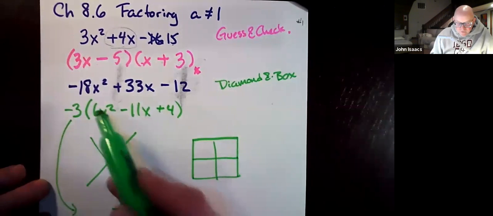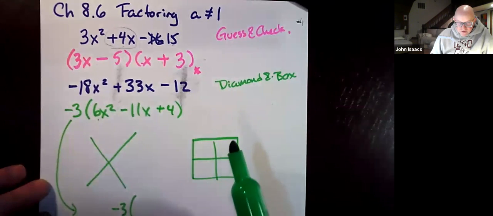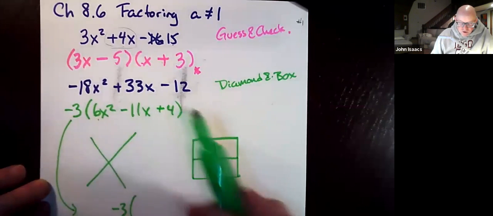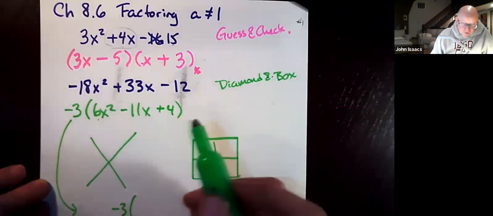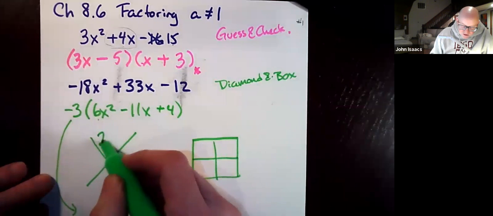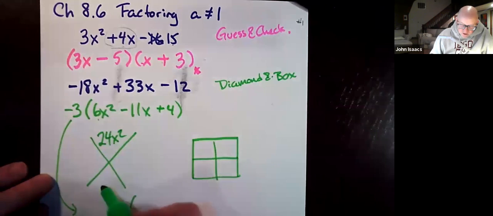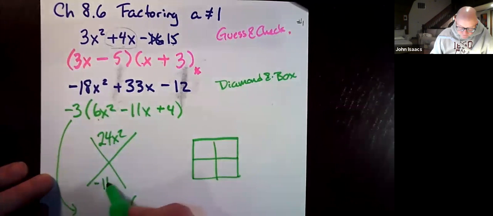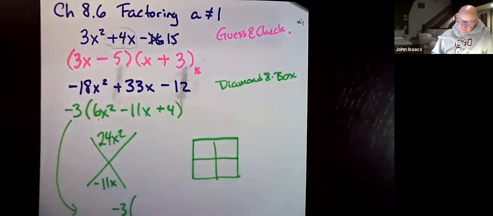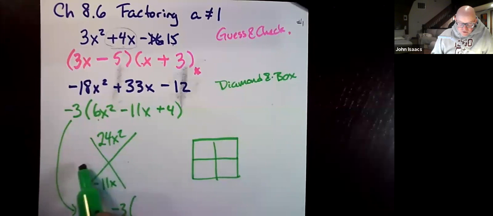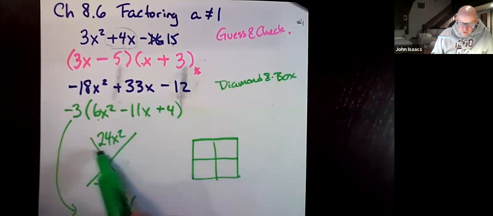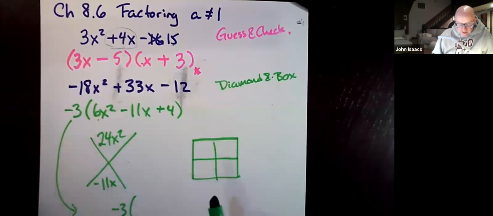In the top, we take the first term multiplied by the last term. So 6x squared times 4. So that's 24x squared. In the bottom, I've just put the middle term. Now, these two sections of the diamond get two values that multiply to 24x squared and add to a negative 11.